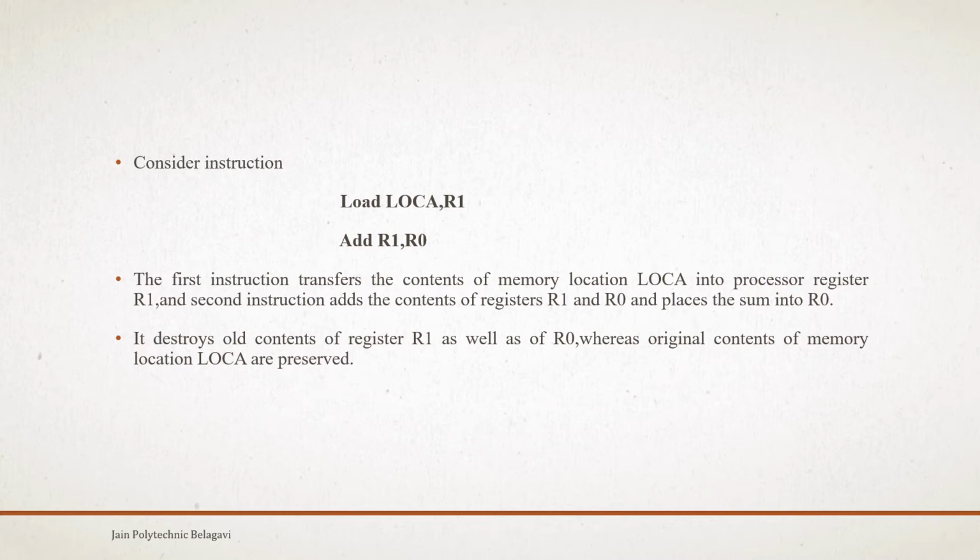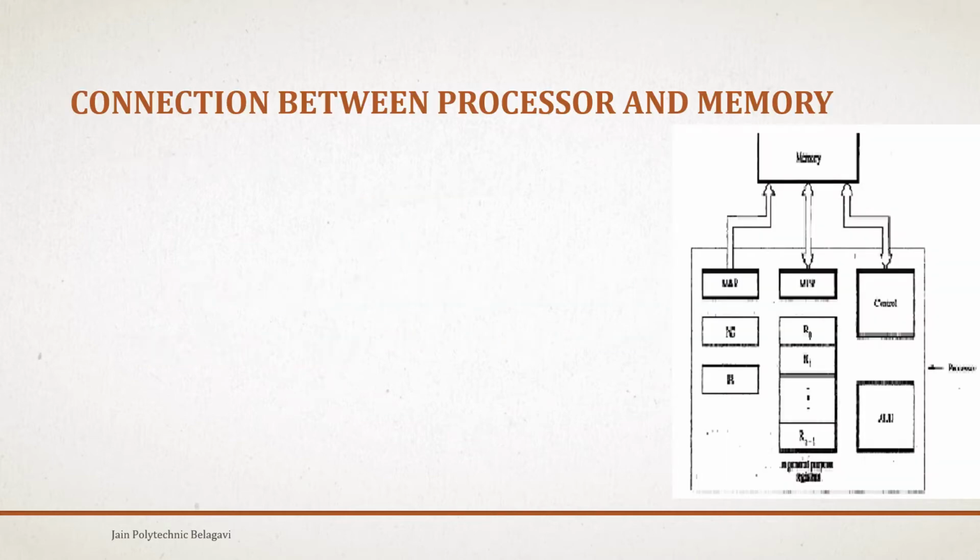But the original contents of memory location A are preserved. That is because we are just copying the contents from location A into R1, because location A is the address location, that is, the name of the address, whereas R1 is the processor register.